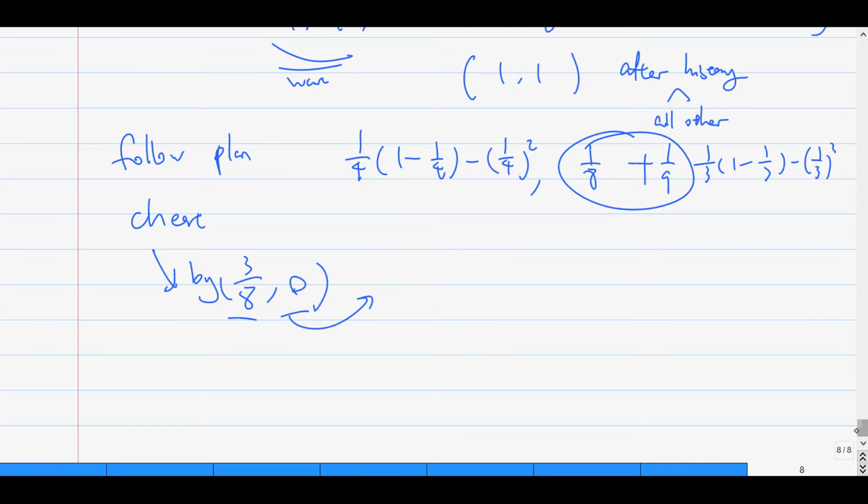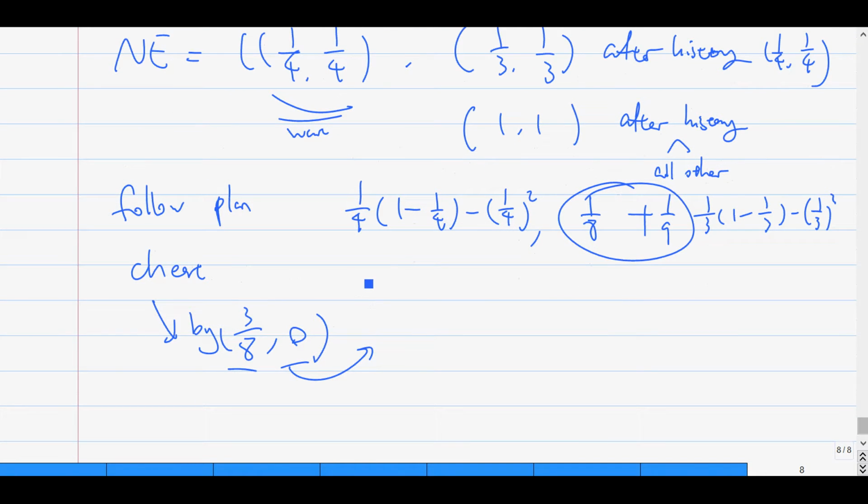If I do 3 over 8, the other guy will still get cheated, and then in the second round I'll just get 0, because it's 0 times (1 minus 1 minus 0) minus 0 squared. In the first round, what do I get? This is becoming very hard.